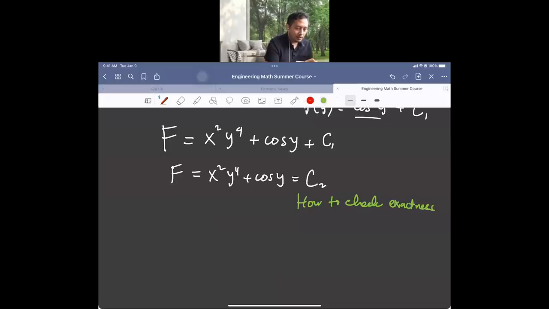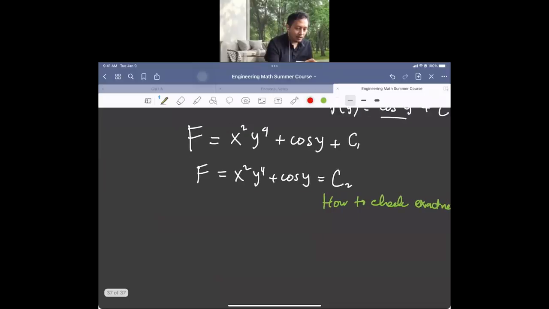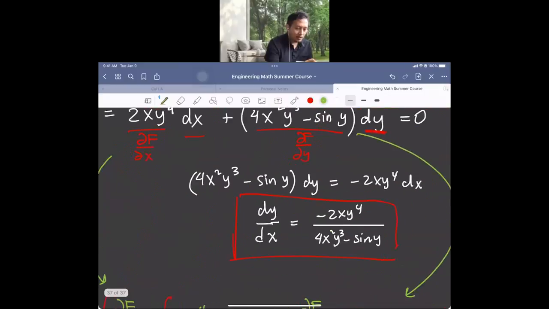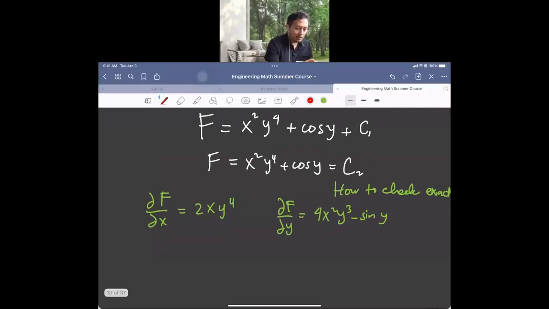Okay, now let's just say that if we remember from the beginning, ∂f/∂x is, let me just write here, 2xy^4, and ∂f/∂y is 4x squared y cubed minus sine y, right?